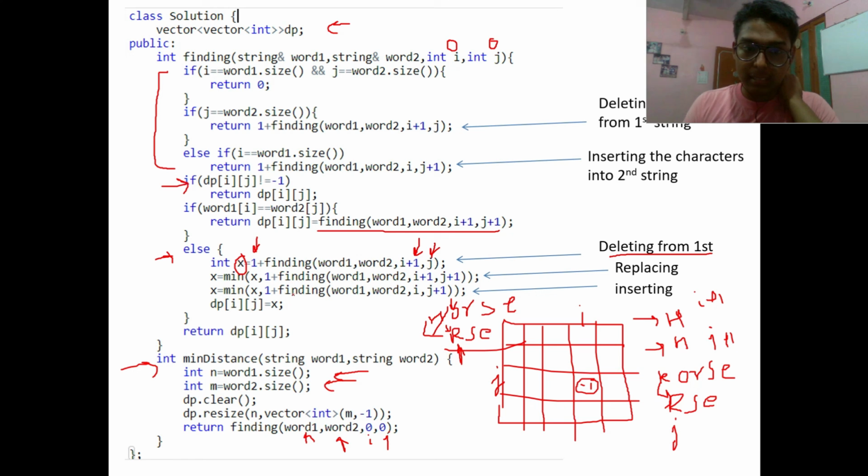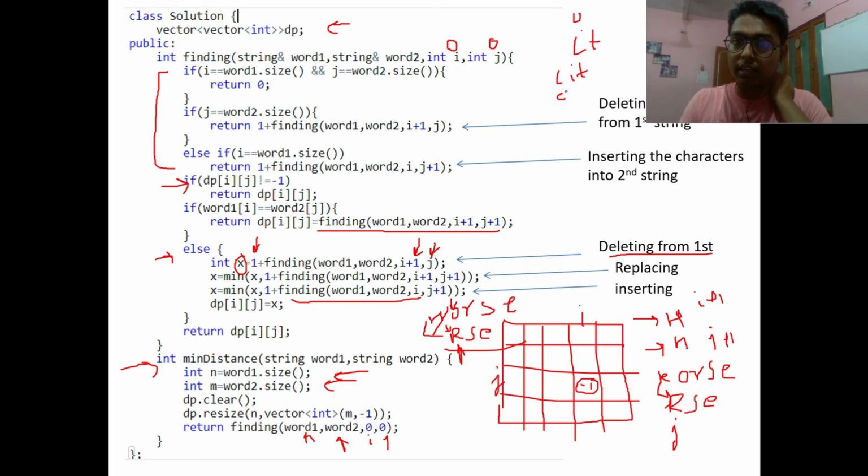Similarly, for inserting, let us suppose we have i t as the first string, and l i t as the second string. So i is initially 0 and j is also initially 0.